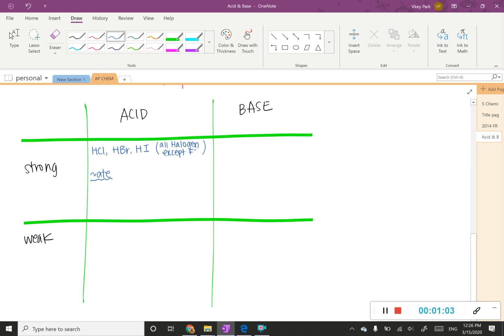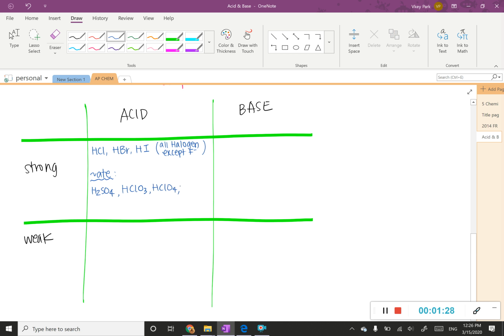Also, along the polyatomic ions, anyone and everyone that are paired up with polyatomic ions that have a suffix of -ate versus -ite, the more oxygens you have, the stronger the acid is going to be. So H2SO4, that's sulfate versus sulfite, right? And then HClO3, that's chlorate versus chlorite.